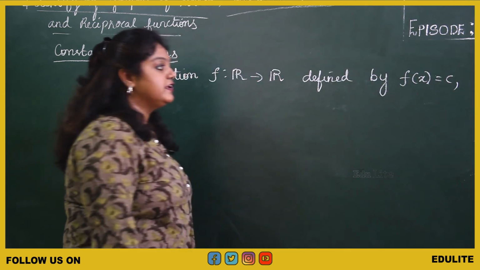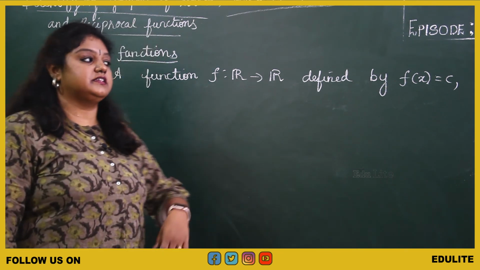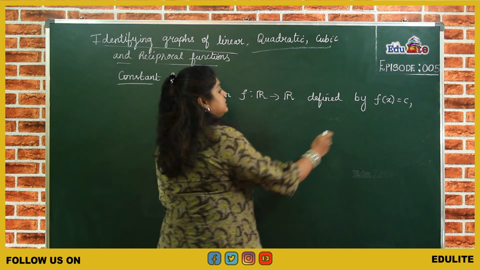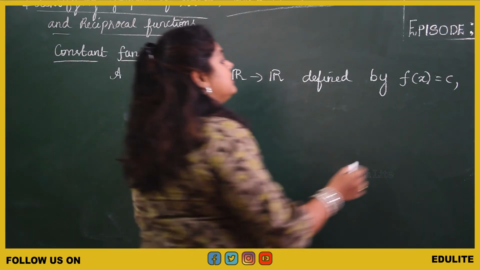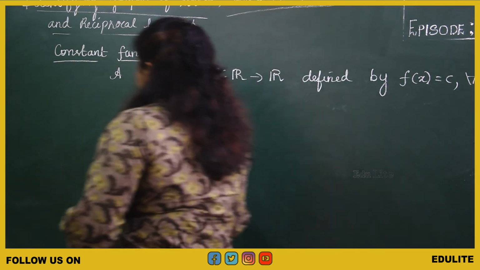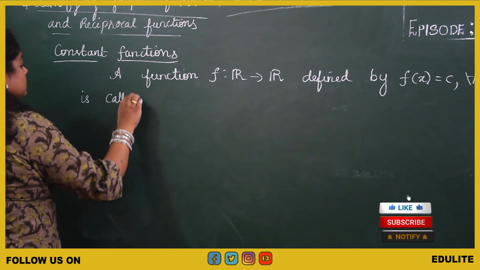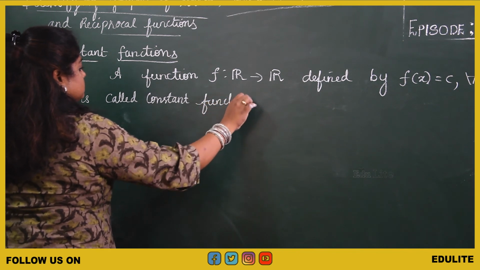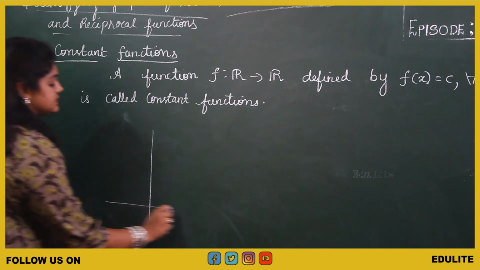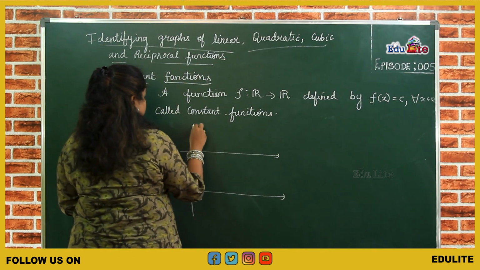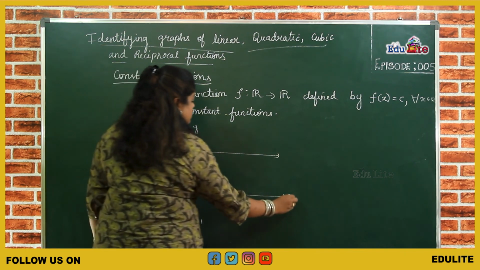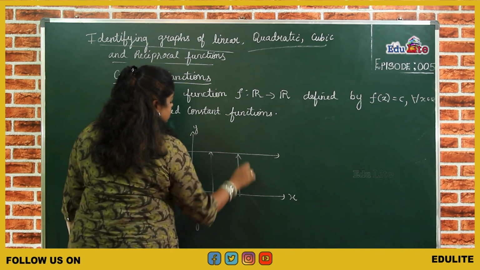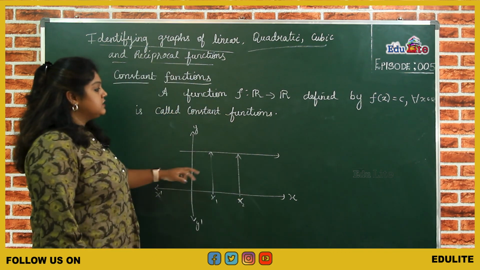While seeing types of functions, we saw that f of x equals c represents the constant function because all the elements in A will be mapped to the same image in B. So this is called a constant function, for every x in R. The graph of a constant function is represented as follows.